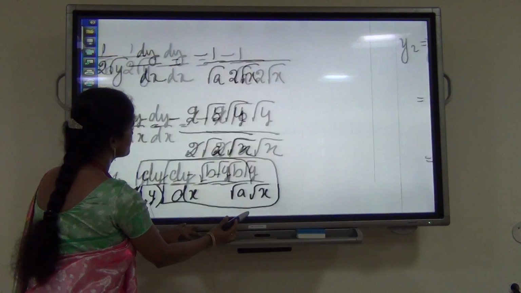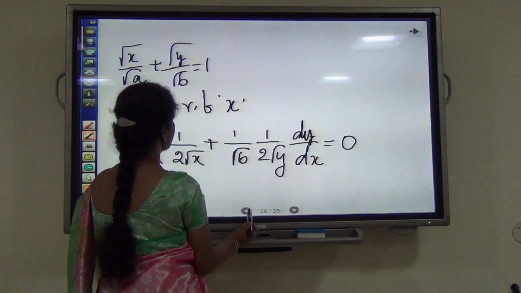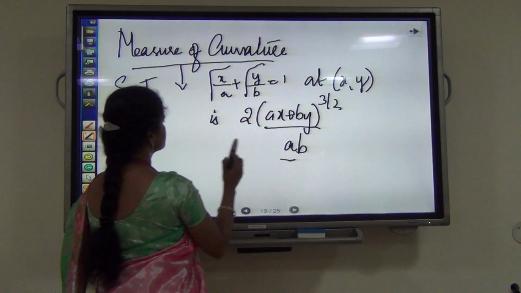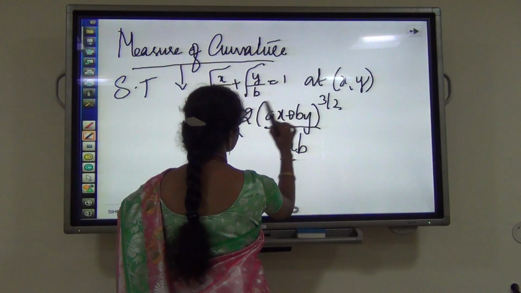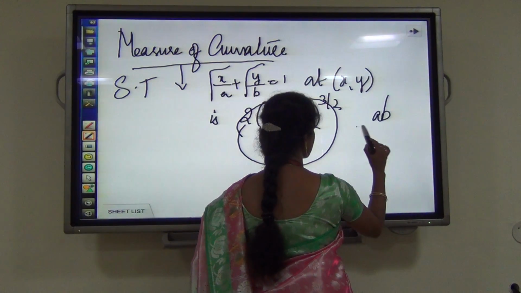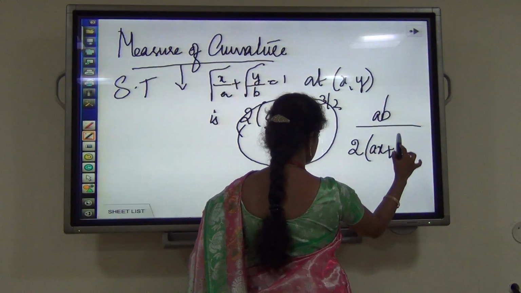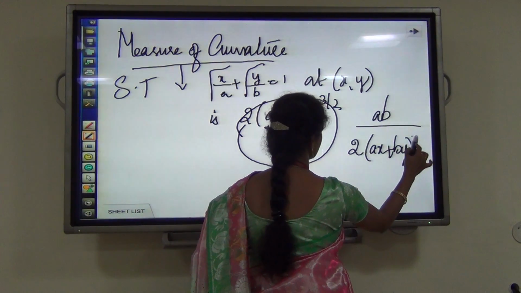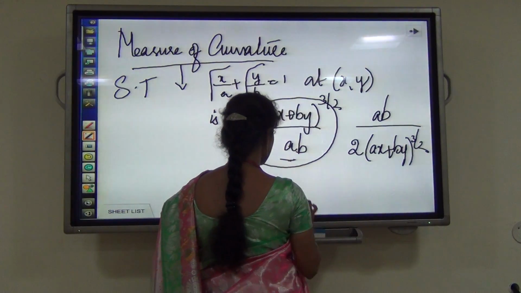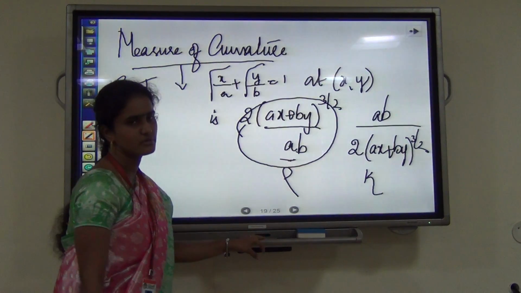Measure of curvature, as we discussed here, will be given reciprocally. If it is the measure of curvature, then it is ab by 2 times of ax plus by to the power 3 by 2. This is actually rho, and the reciprocal of that will be the measure of curvature.